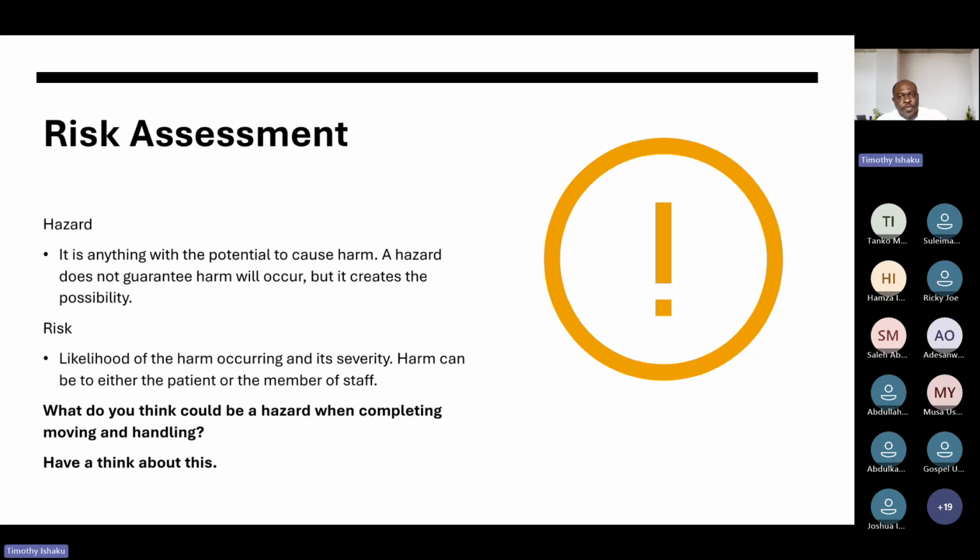Absolutely. You guys are the expert. From your experience, what are those things that have caused an injury to you during your practice, either likely to cause harm or have already caused it?